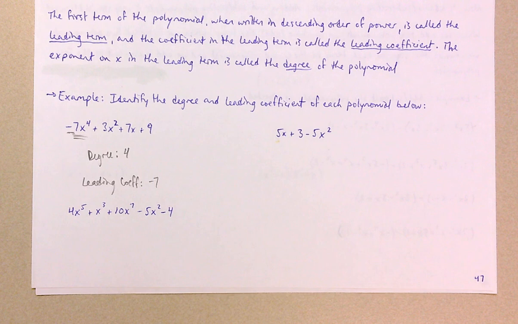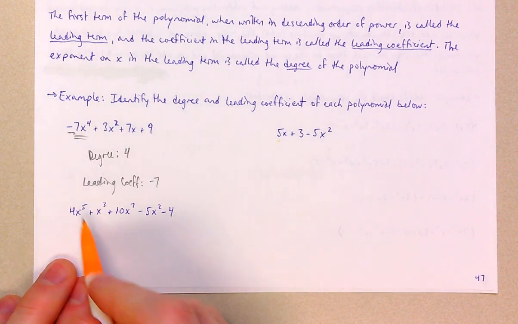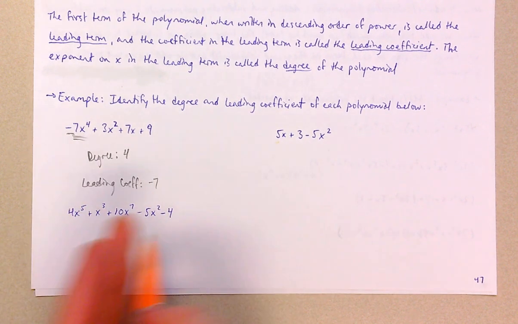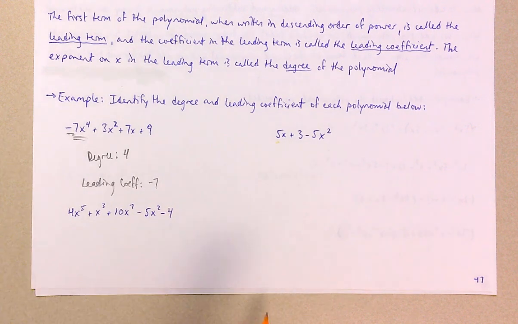No, it's not, because here I have an exponent of 5, then I have an exponent of 3, then I have an exponent of 7. So we don't have our term containing the highest power of x listed first.